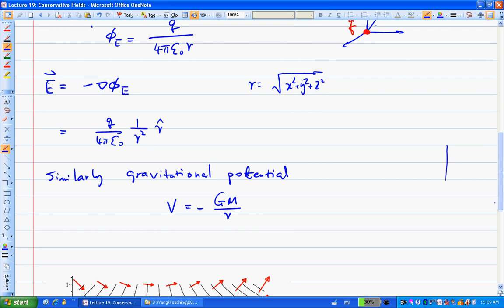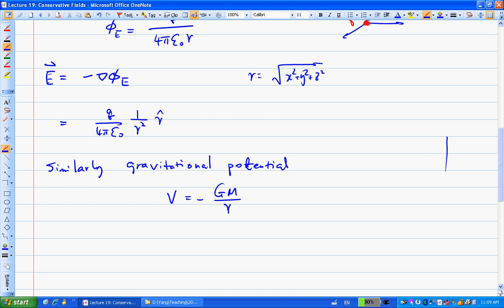That's the gravitational potential. So G here is the gravitational constant, m here is the mass of the Earth, and r is the distance. If you do the same thing, then I can get a gravitational field g equal to negative del V, and that'll give us negative G capital M over R squared and r hat.